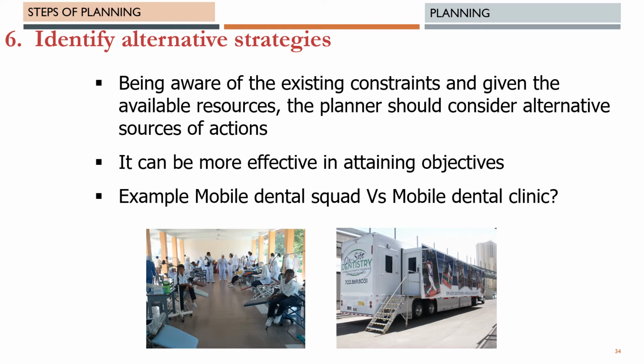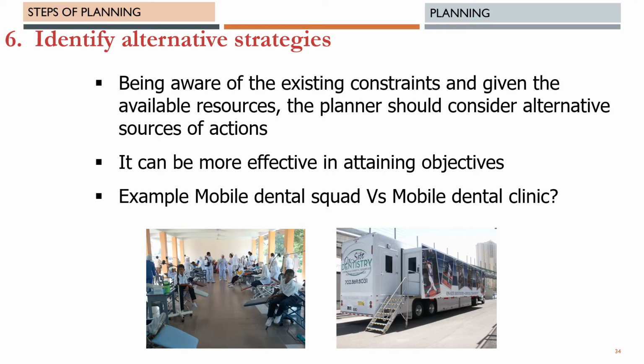The sixth step is to identify alternative strategies. So we have to be aware of the existing constraints and the given available resources. And when we identify the alternative strategy, it can be more effective in attaining the objectives.